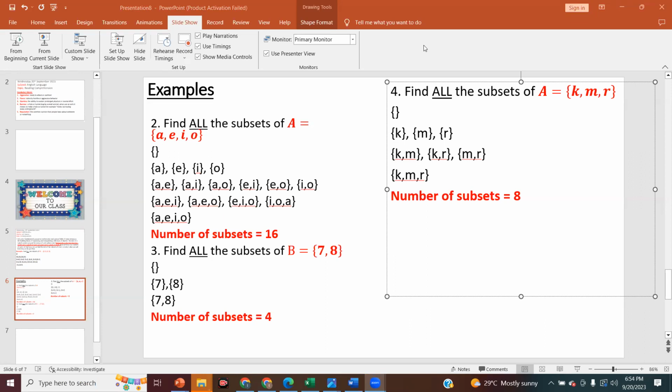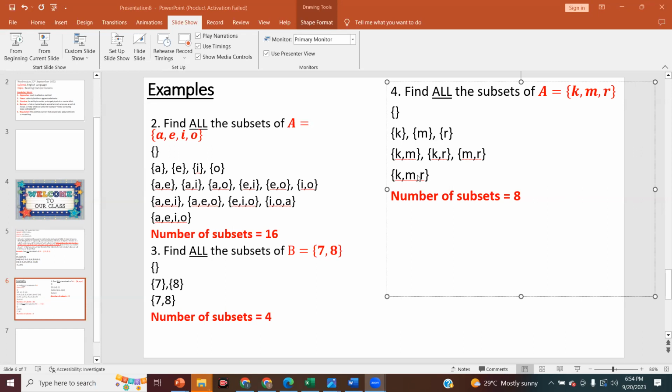How did you count 8, Mr. Petit? Say it again. How did you count 8? This is 1. This is 2, 3, 4, 5, 6, 7, and 8.